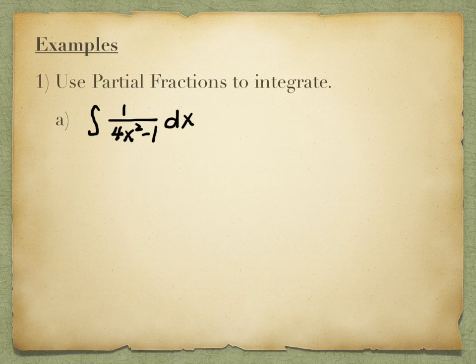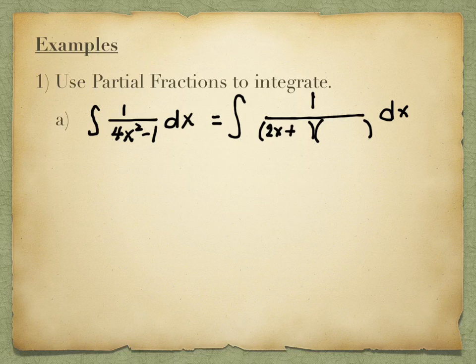What we can do right now, though, is factor that denominator, and that is our next step. So what is the factorization of that denominator? How can I factor 4x squared minus 1? 2x. Right. 2x plus 1 and 2x minus 1.